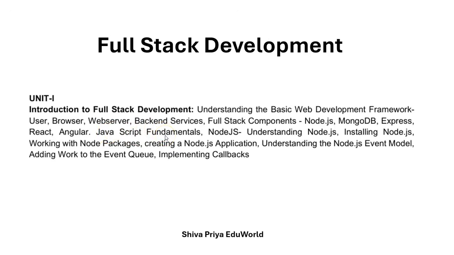JavaScript fundamentals are also there in this unit 1. Node.js, which means understanding Node.js, installing Node.js, working with Node packages and creating a Node.js application, and understanding the Node.js event model, adding work to the event queue, implementing callbacks. These are all the topics covered in unit 1, which is completely the introduction to full stack development.